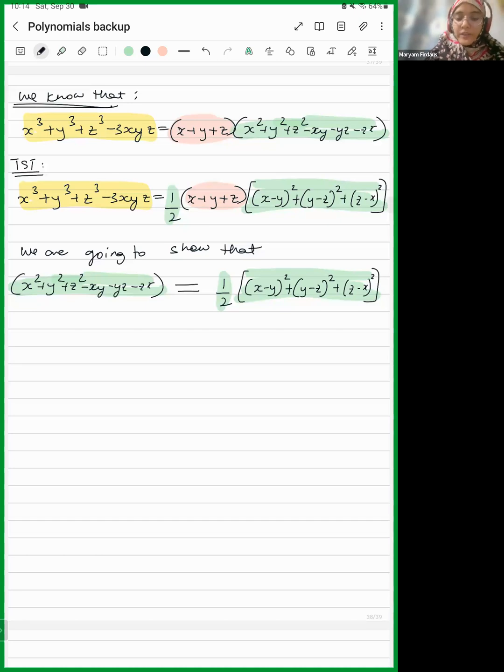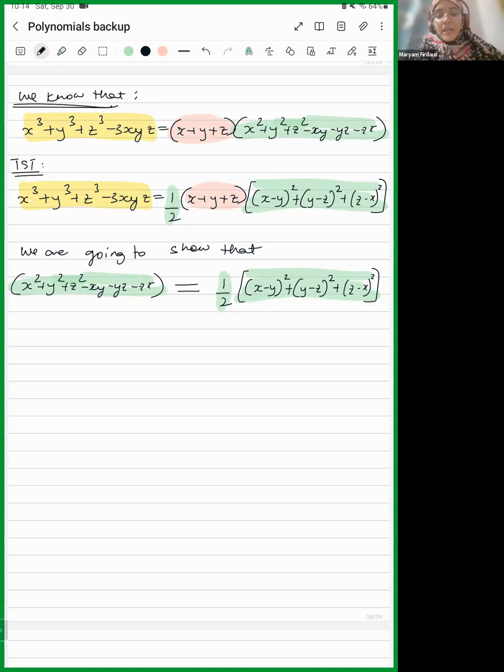Now, who will tell me how to do this? Prishita, do you want to give it a try? See, Prishita, till here it's clear, na?